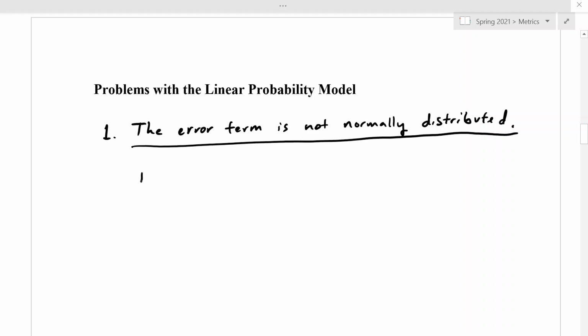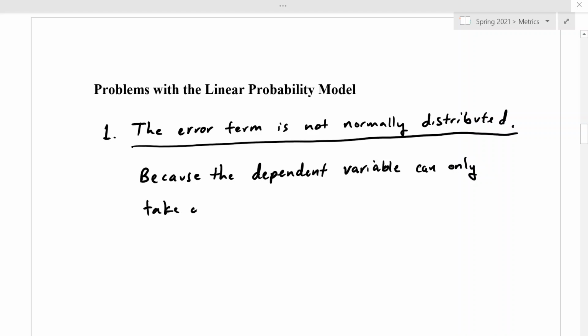So I'm going to write that down. Because the dependent variable can only take on two values, right?